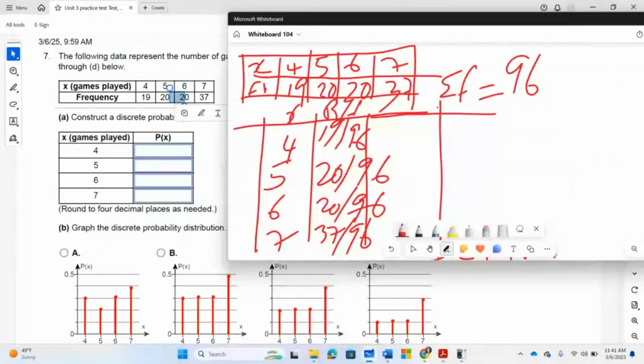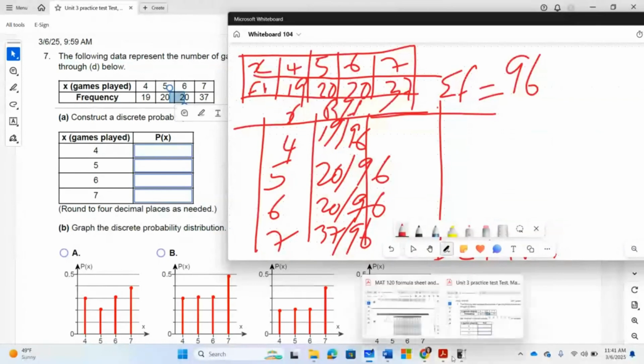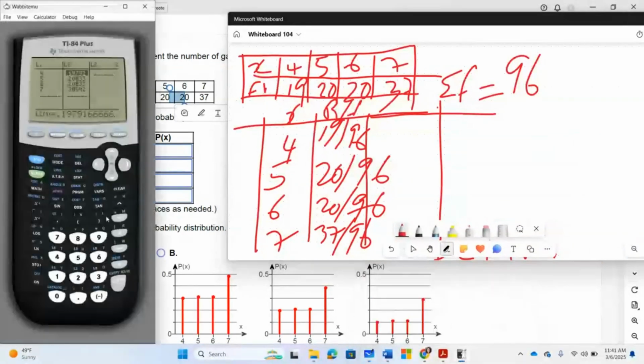Let me go to my calculator and turn it on. So approximately this is 0.197. So let's make it approximately 0.2. The other one is 0.21.